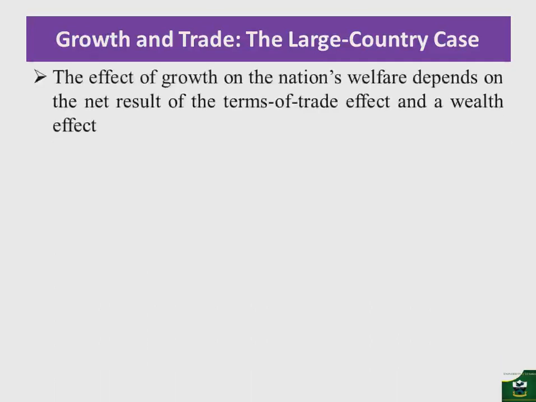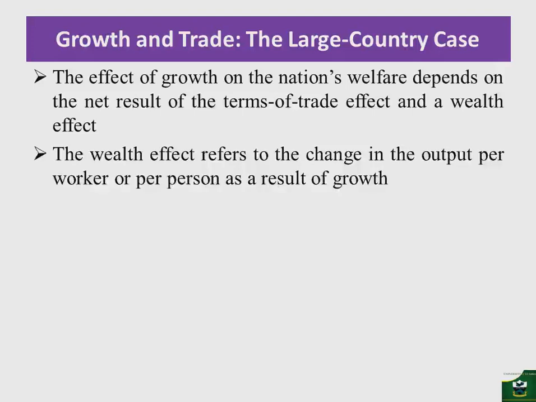So the effect of growth on the nation's welfare depends on the net result of the terms of trade effect as well as the wealth effect. The wealth effect refers to the change in the output per worker or per person as a result of growth. What we are seeing is how many units are being produced in relation to the population.